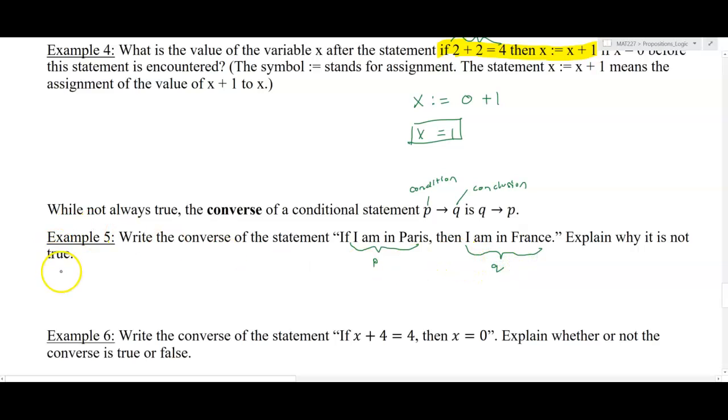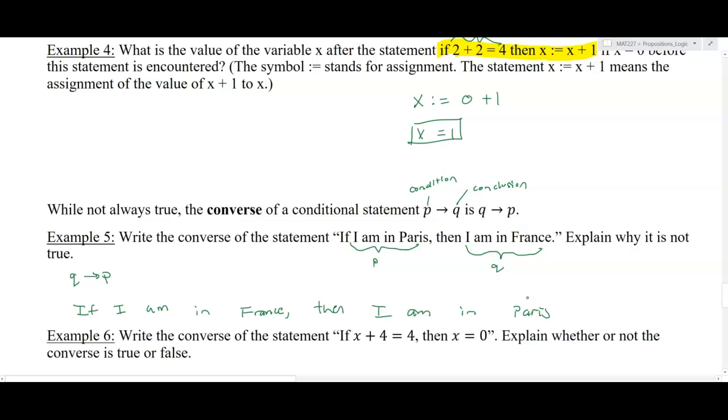To write the statement Q then P, I would say, if I am in France, then I am in Paris, and clearly that's not always going to be a true statement.